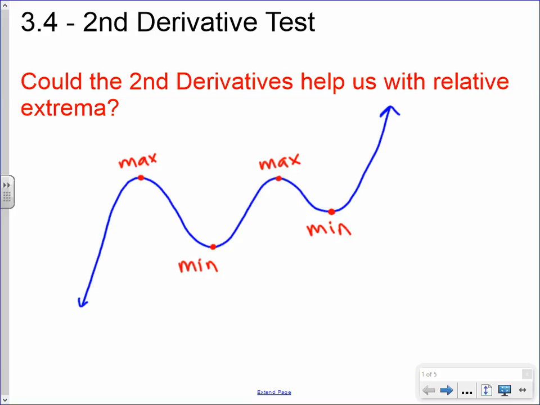Okay. Notice that our concavity at our maximums is concave down. The concavity at our relative minimums is concave up.